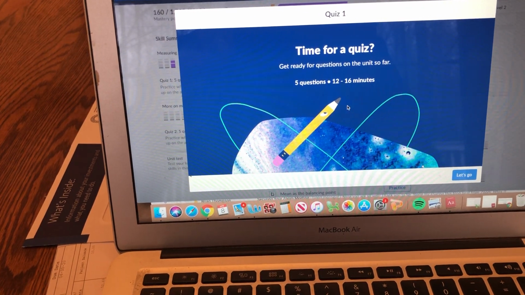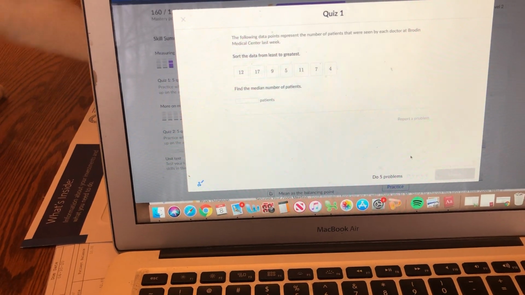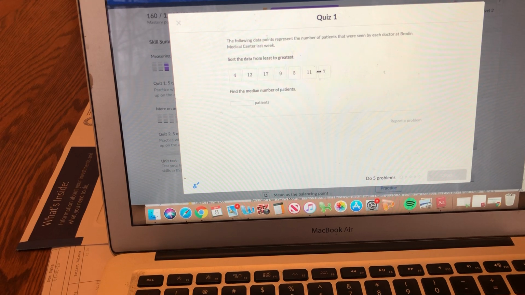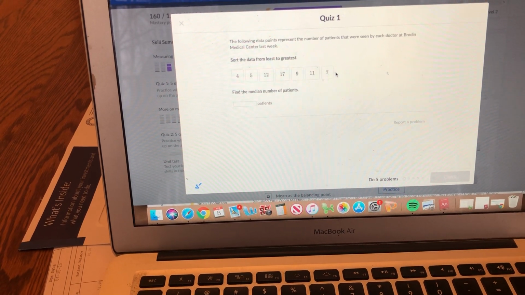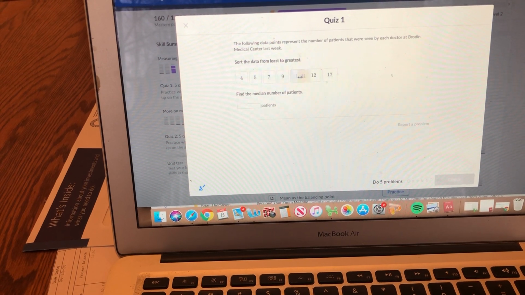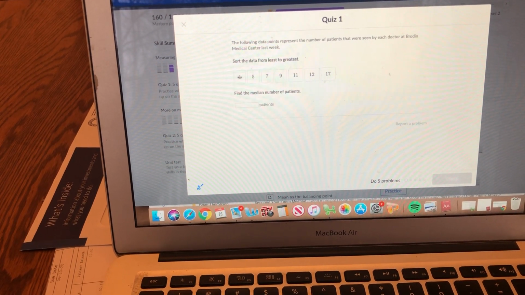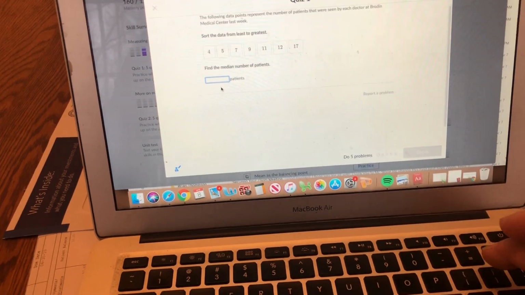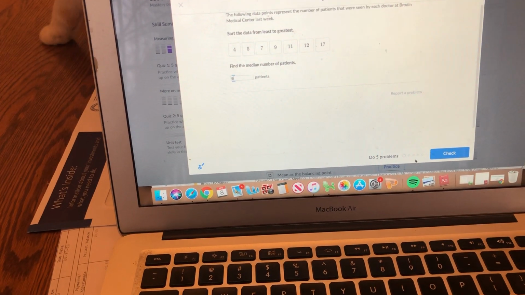It's going to take me approximately 12 to 16 minutes. I don't think it'll take us that long, but where to find the median of this. So if we can order these real quick, I think I can find the median. 2, 3, looks like the median is 9. So 9 patients.